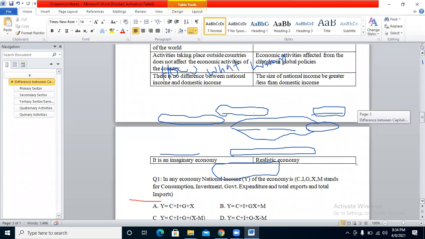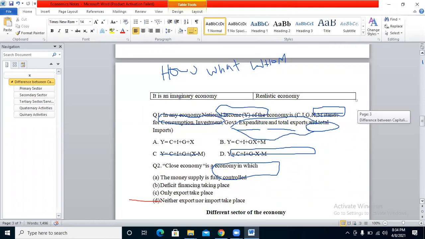So there are two questions here. The first question was asked in 2001, and the second question was asked by the UPSC in 2011. Just go through the questions and tell me what the answer should be.